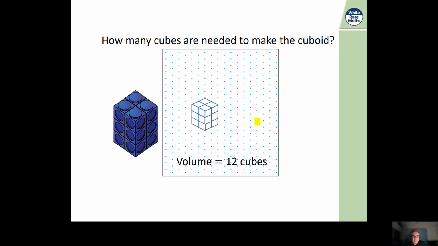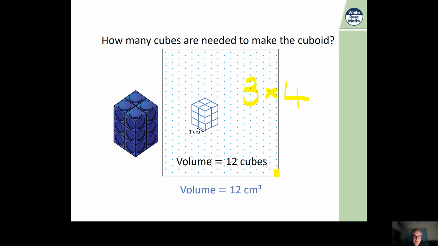12 cubes. So I said stacks of 3 and that there were 4 of them. What is 4 times 3 or 3 times 4? 12. There we go.